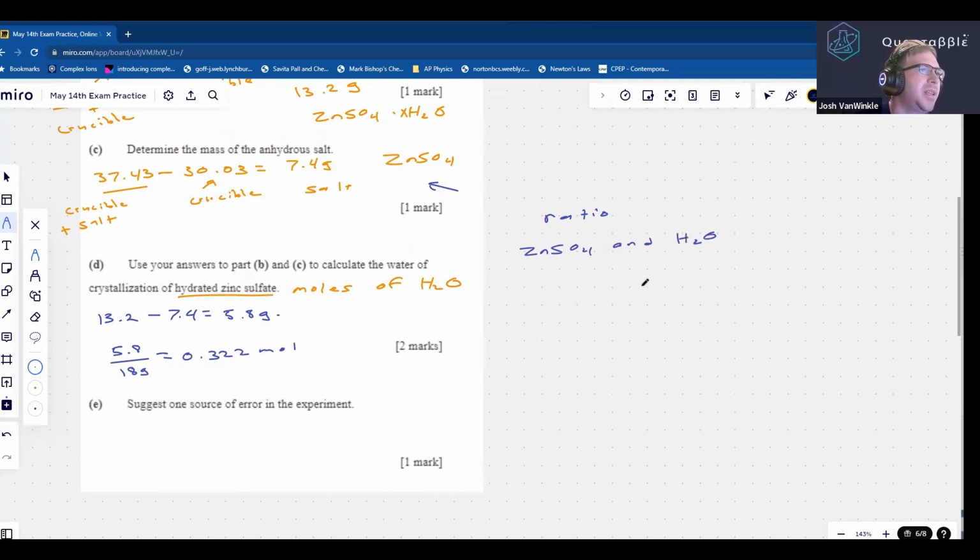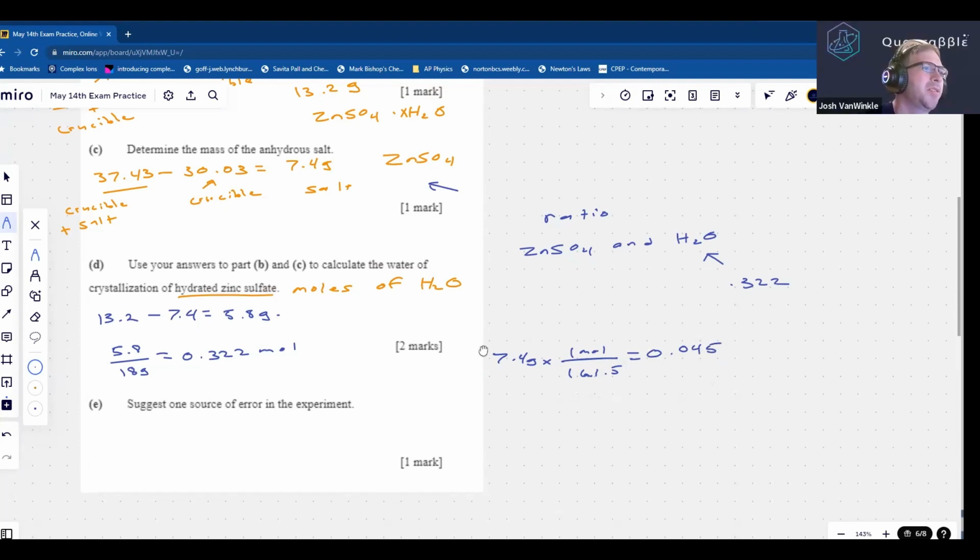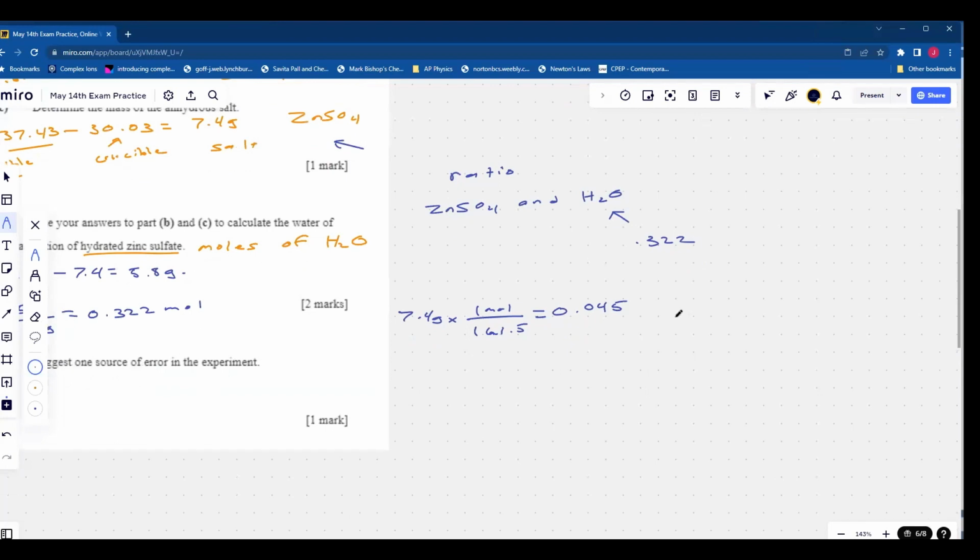So what we need is the moles of both. So we already have the moles of this one. Let's find the moles of ZnSO4. What does that give us? 0.045. Okay, so oh wait, actually 0.046 because it's 5.8.